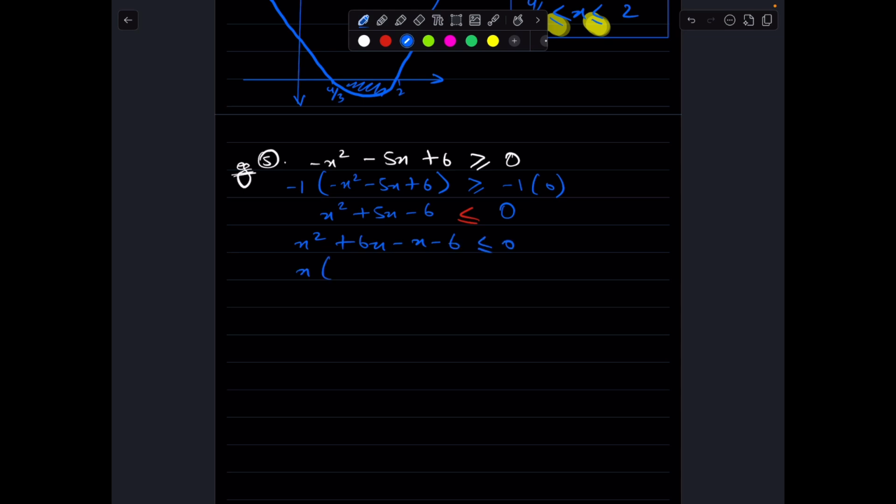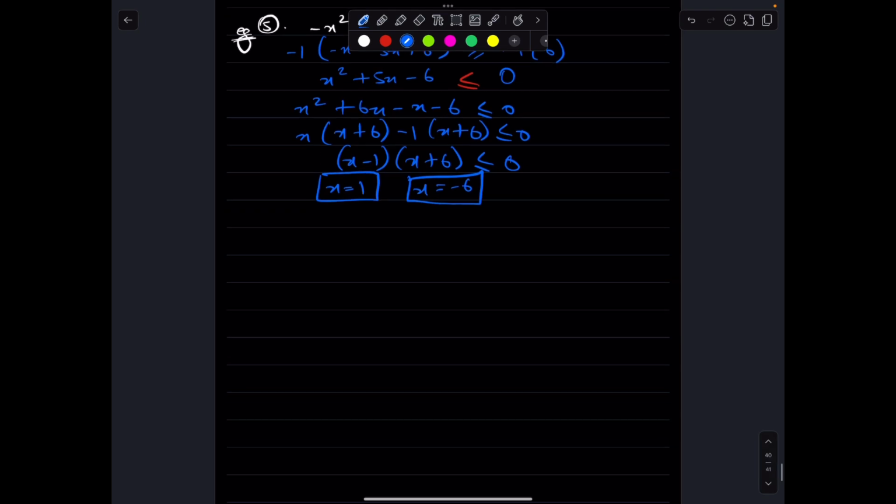We'll take x common to leave x plus 6 and minus 1 common to leave x plus 6. The two factors turn out to be x minus 1 and x plus 6, and the roots turn out to be x is equals to 1 and x is equals to minus 6.